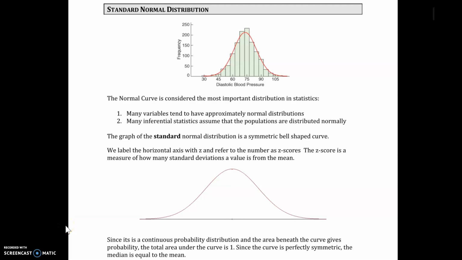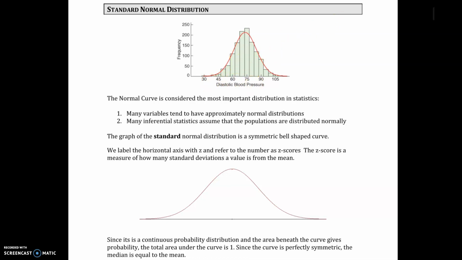So we're going to spend most of the rest of this course talking about the standard normal distribution and the normal distribution curve. So the normal distribution is a symmetric bell-shaped curve. If you've ever heard things about having a bell curve, they're talking about a standard normal distribution.